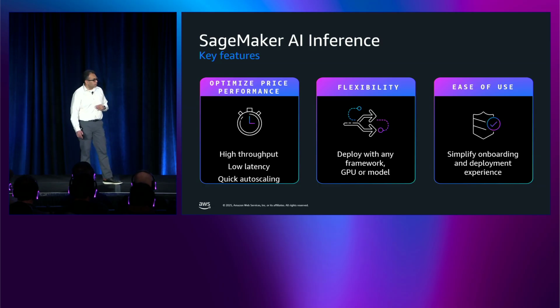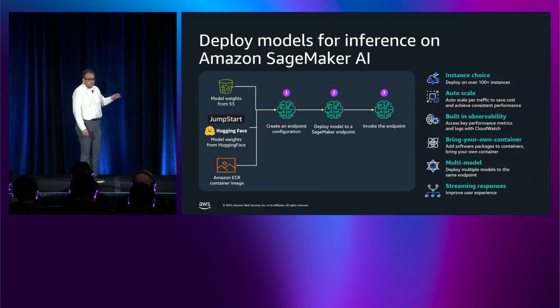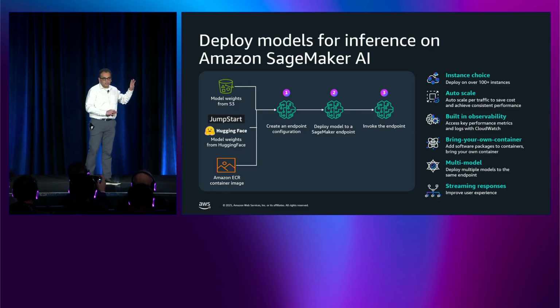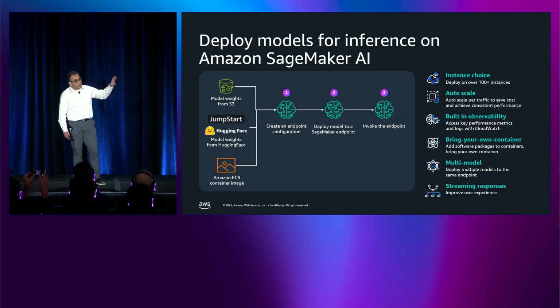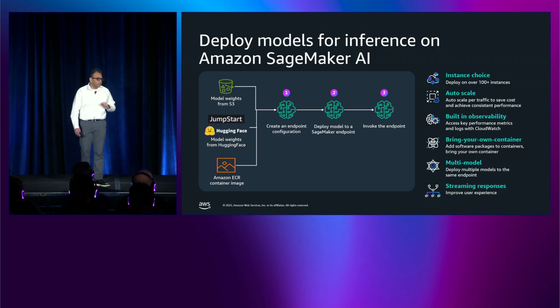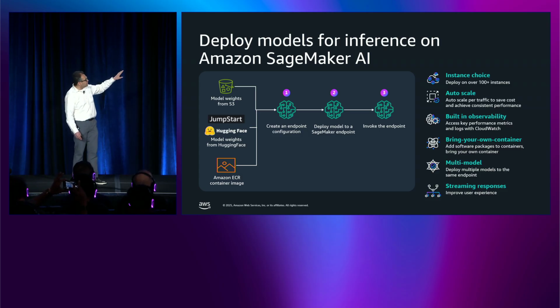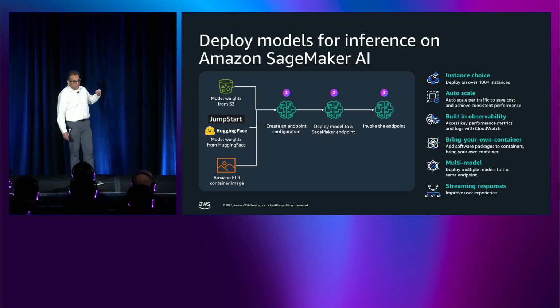Now let's go through these one by one. So first, what I want to talk about is a pretty interesting and cool slide, because this takes you through the journey of what you can do on SageMaker AI Inference and what you get with it. So let me explain. On the right side, you can see that you can bring models from S3, JumpStart, which is the SageMaker Studio, Hugging Face, or even your ECR image.